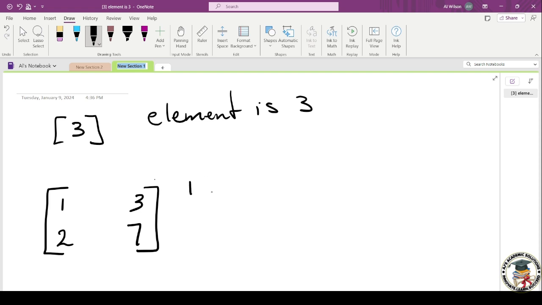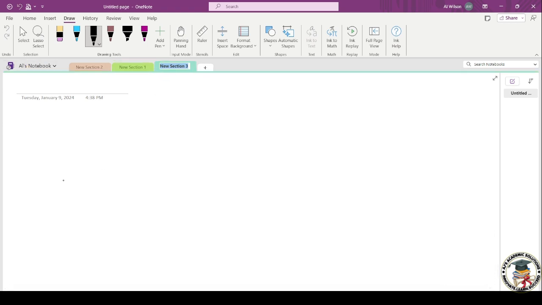So 1 is an element, 2 is an element, 3 is an element, 7 is an element in this matrix. I hope this is helping you to understand exactly what you'll be looking at going forward.